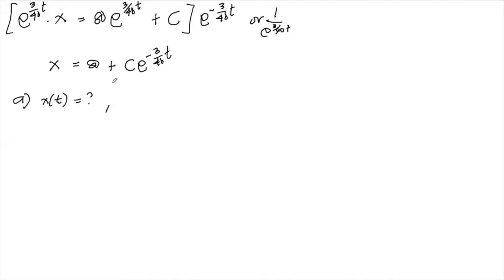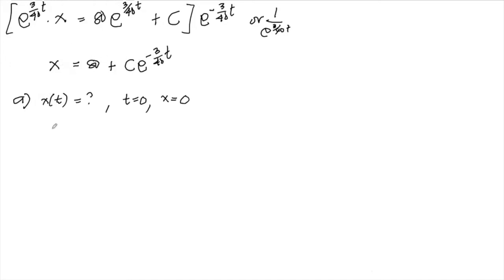Sabihin lang ito, di ba? We need to solve for the arbitrary constant c para ma-determine natin yung x of t or x as a function of t. And what's the condition again? Sabi natin, initially, so at time is equal to 0, the amount of salt in the tank is 0 kasi nga pure water siya. So plug in lang natin dito.